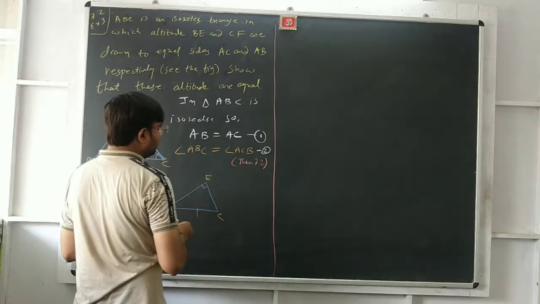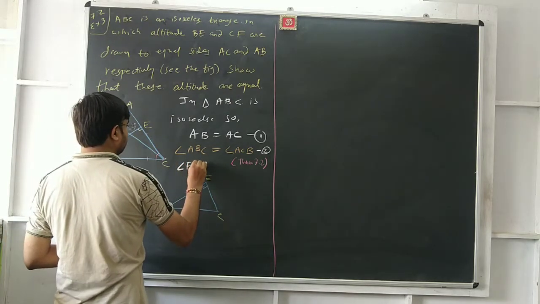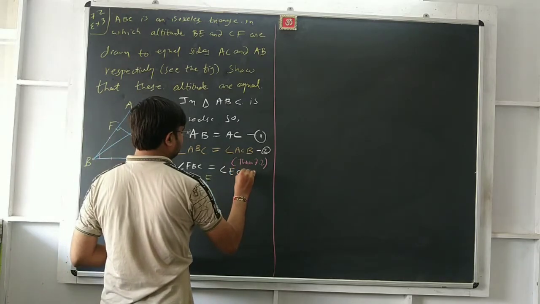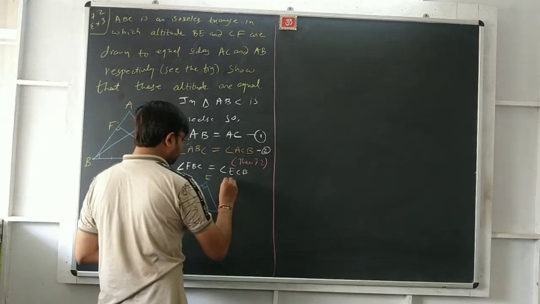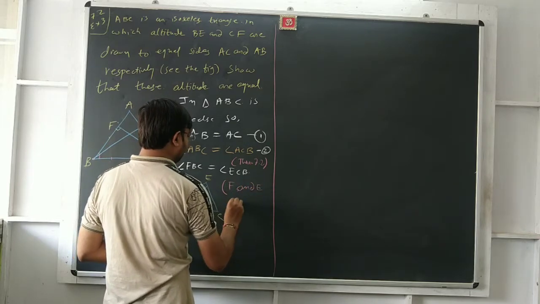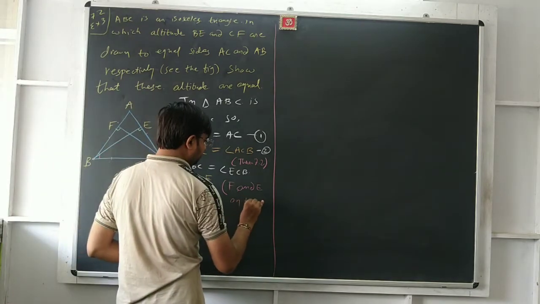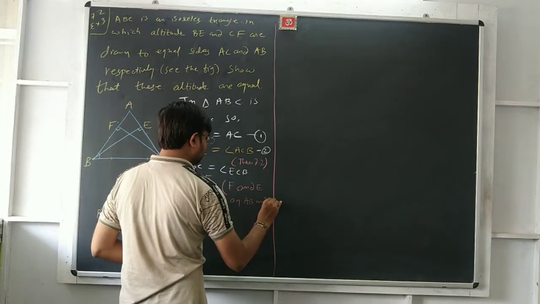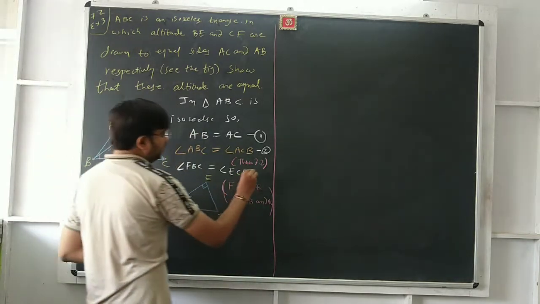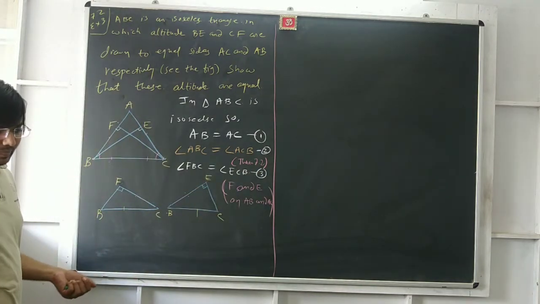Here angle FBC is equal to angle ECB because F and E are on AB and AC, the same angle. So we can write that this is equation number 3.